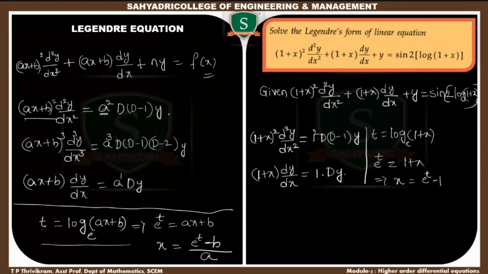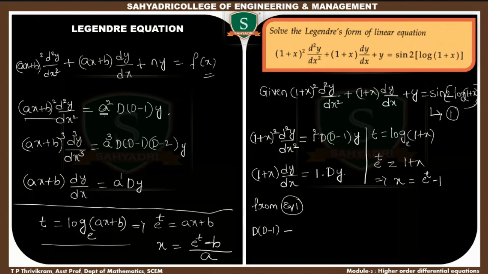Okay. So now we'll substitute this one in this equation 1. So take the given equation as equation 1. From equation 1, how much will we get? d into d minus 1 plus this one dy, plus y.